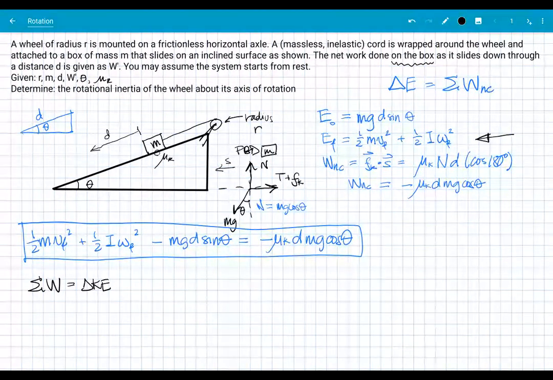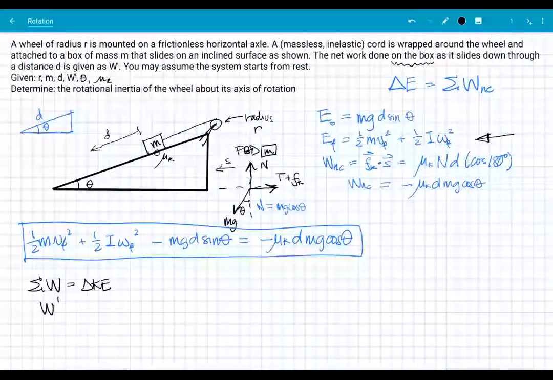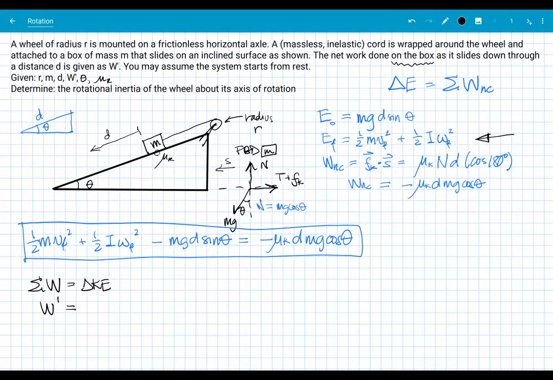So in this problem here, I can say, all right, W prime, that's my net work, is equal to the change in kinetic energy. Now, this is just the box that we're talking about, right? Just the change in kinetic energy of the box. That's going to be final minus initial. So finally, the box 1/2 m v final squared. Initial kinetic energy is 0 because we're told that this whole enchilada starts from rest.